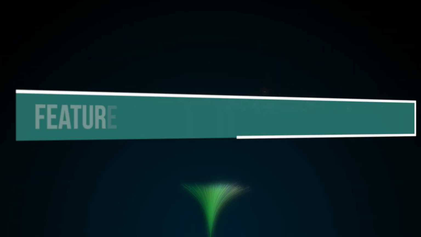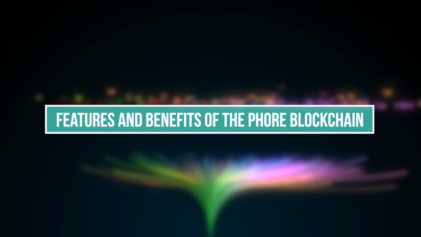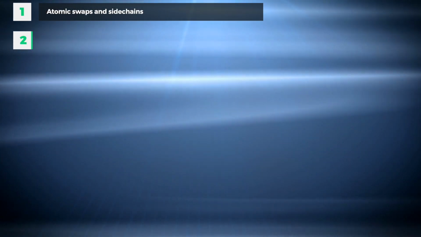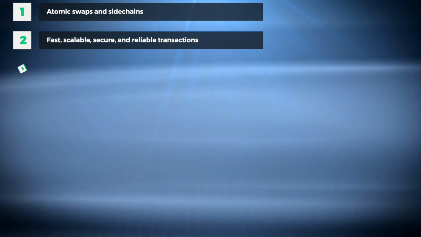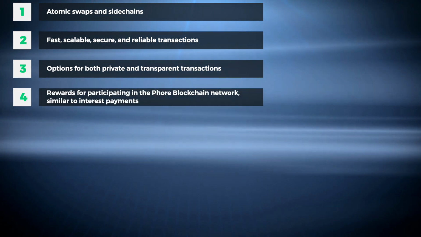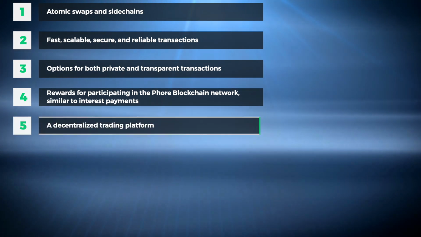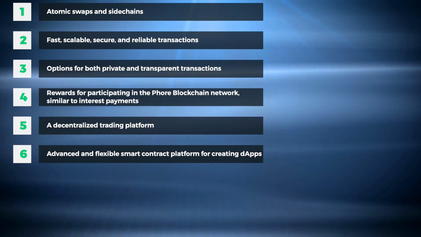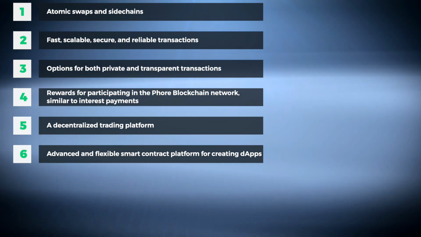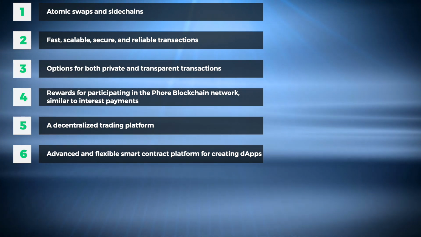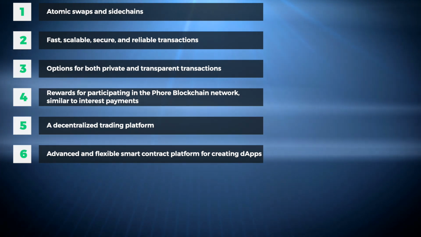As they say, in the simplest and most accessible language, if we sum up all of the above, then Phore Blockchain will provide us with a simply enormous number of opportunities, including atomic swaps and sidechains, fast, scalable, secure and reliable transactions, options for both private and transparent transactions, rewards for participating in the Phore Blockchain network similar to interest payments, a decentralized trading platform, an advanced and flexible smart contract platform for creating decentralized dApp applications that can later be used in conjunction with private transactions, allowing you to create new decentralized business models with privacy support and that allow you to control not only all your money but also your personal information.